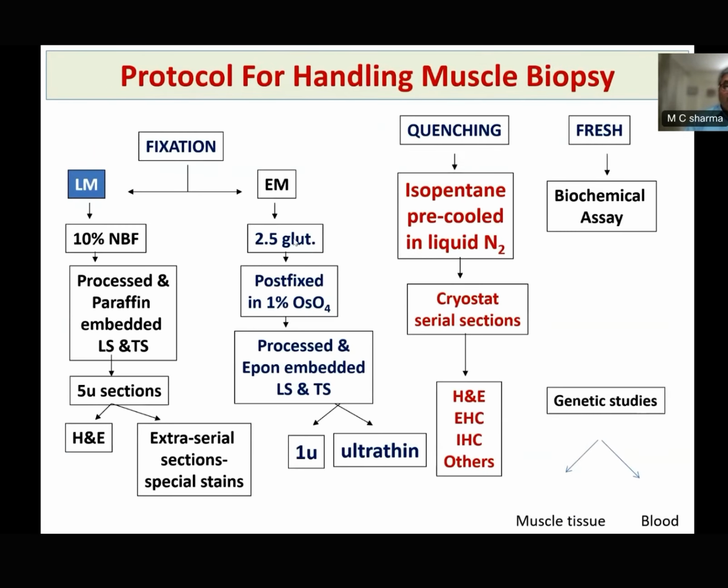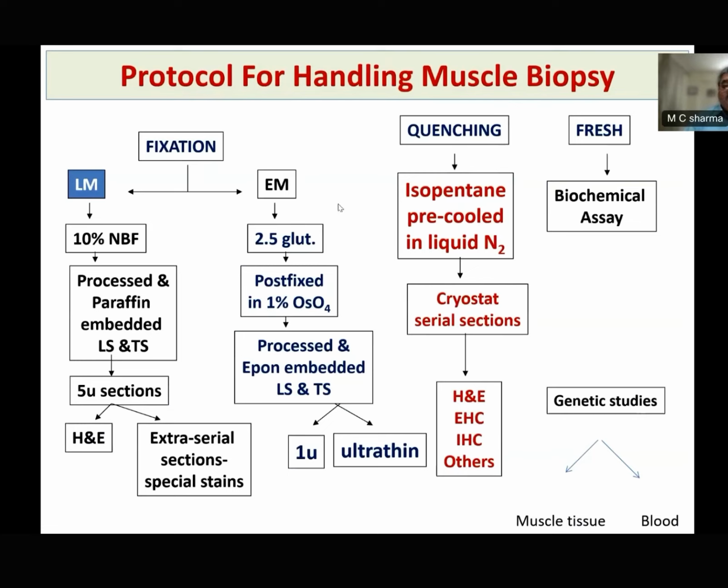Now, what is recommended, the most important thing, is that the muscle should be immediately frozen, what is known as quenching. We put the muscle in isopentane, which is pre-cooled in liquid nitrogen, and then we put it in the cryostat and cut sections for the different methodologies.